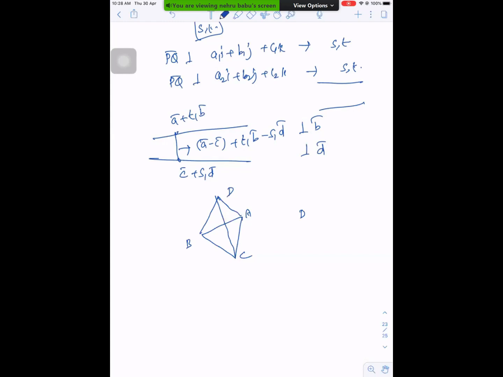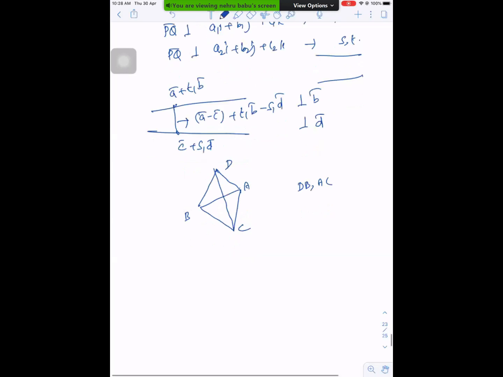This DB line and AC line are skew lines. What is the distance between them? Or if you take a cuboid, for example, give names.